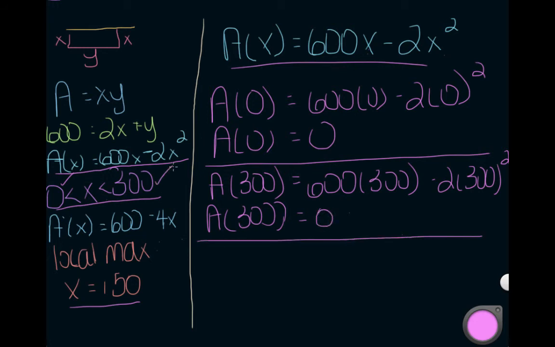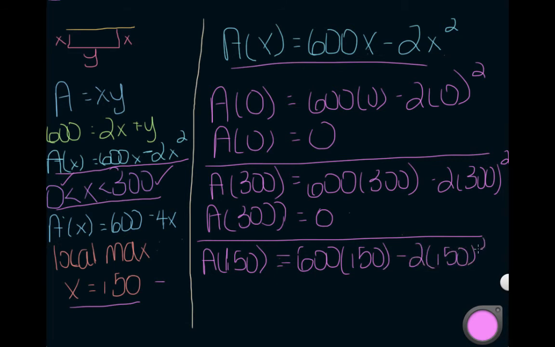So we tested our largest value, and now we have to test our local maximum. So I'm going to figure out what A of 150 is by plugging in 150 every time I see an x. So I'm going to do 600 multiplied by 150 minus 2 times 150 squared.